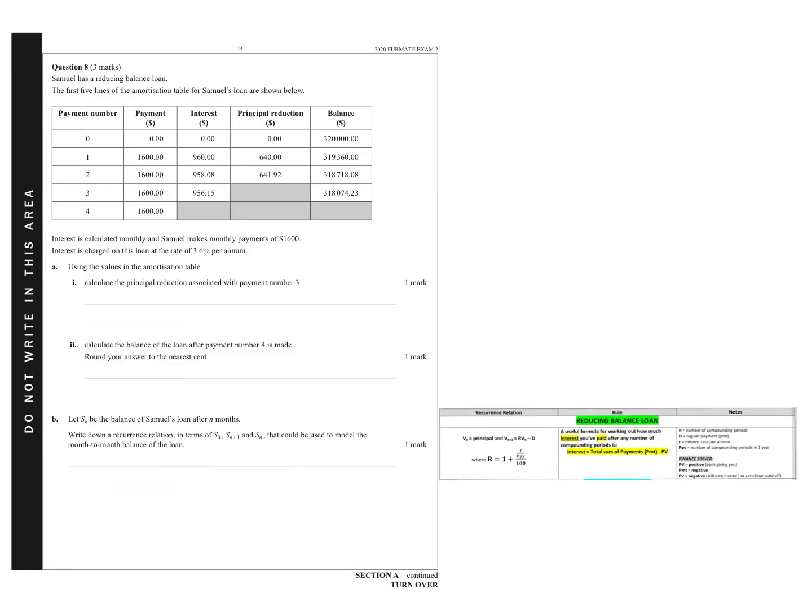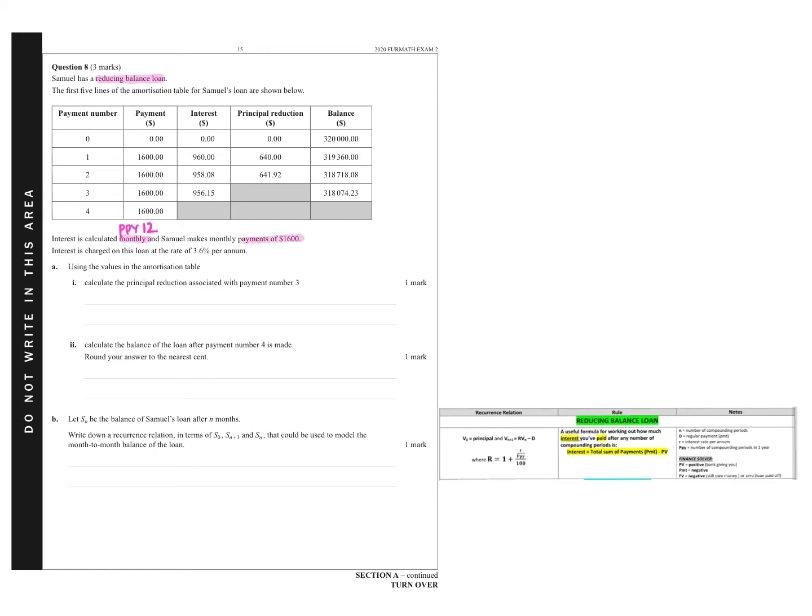Okay, Samuel has a reducing balance loan, and the first lines of the amortization table for Samuel's loan are shown. Interest is calculated monthly, so you do get a little bit of information there. PPY is 12, and he makes monthly payments of 1,600.